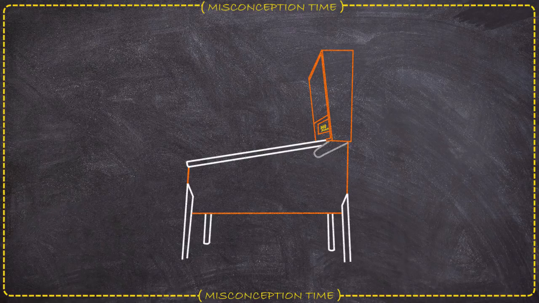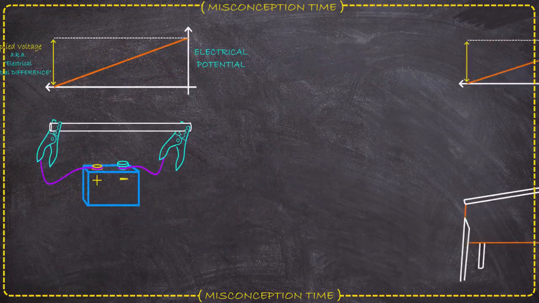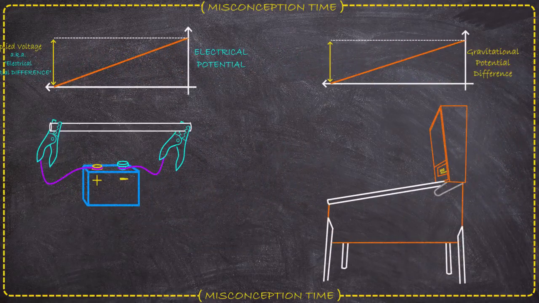When we say we're applying a voltage to an electrical wire, what that actually means is that we're basically pegging one end of the wire to be at a different electrical potential energy than the other end. Well, in our pinball machine, if we tilt the machine, that means that one end is at a different gravitational potential energy than the other end. So the analogy is actually pretty good.